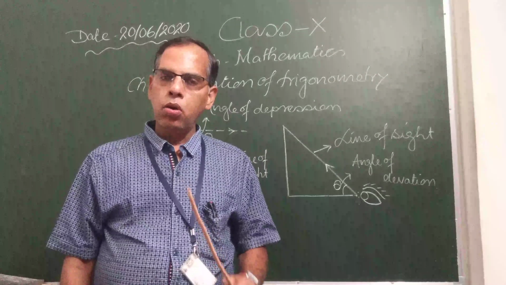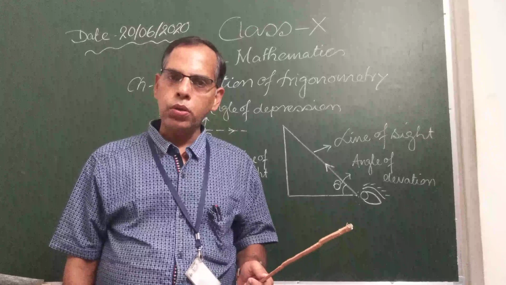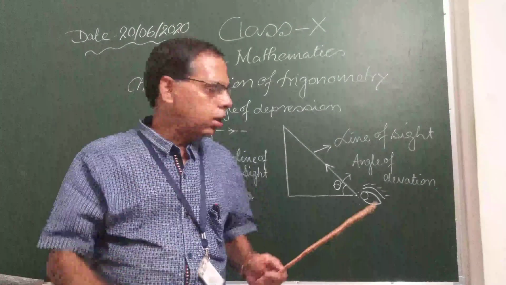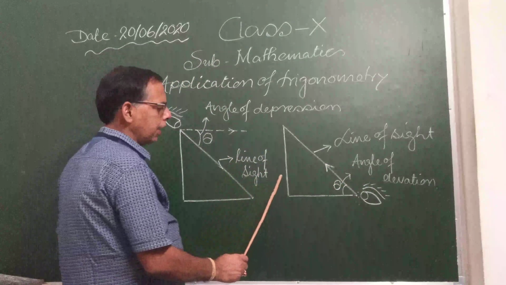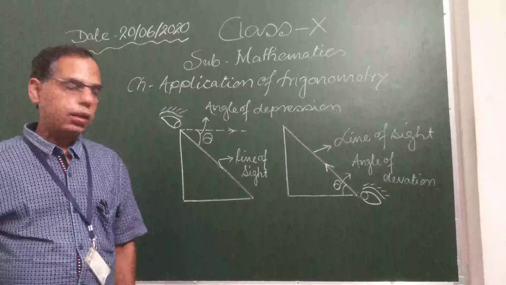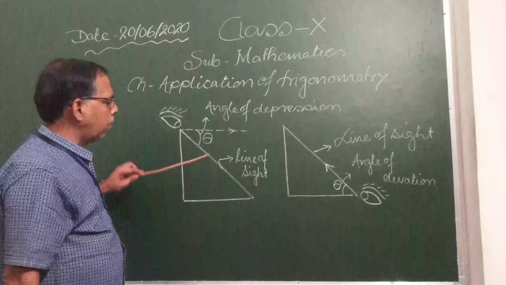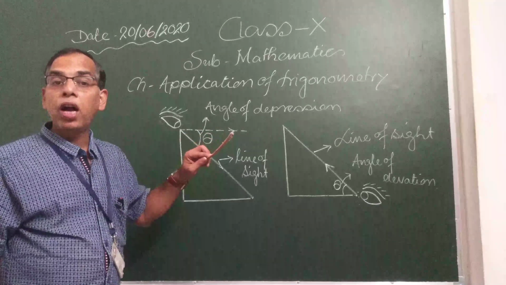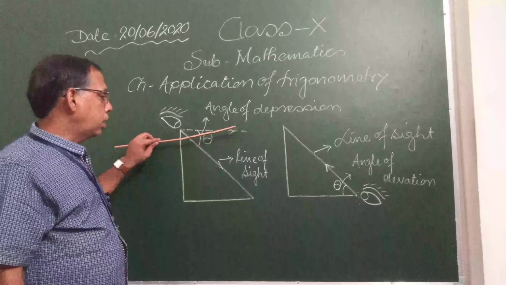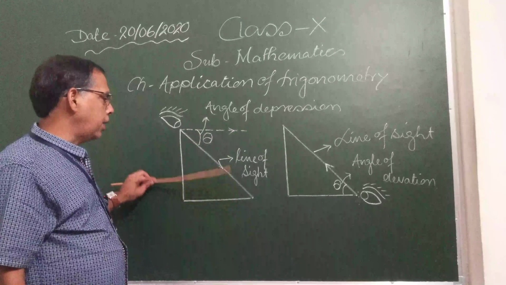Already in the last chapter I also told that trigonometry relates to a right angle triangle. So that means this angle should be 90 degrees. That is the right angle. And this other one you can see, as I told, is the virtual line. That is the reason the dotted line is drawn, this line parallel to this line.